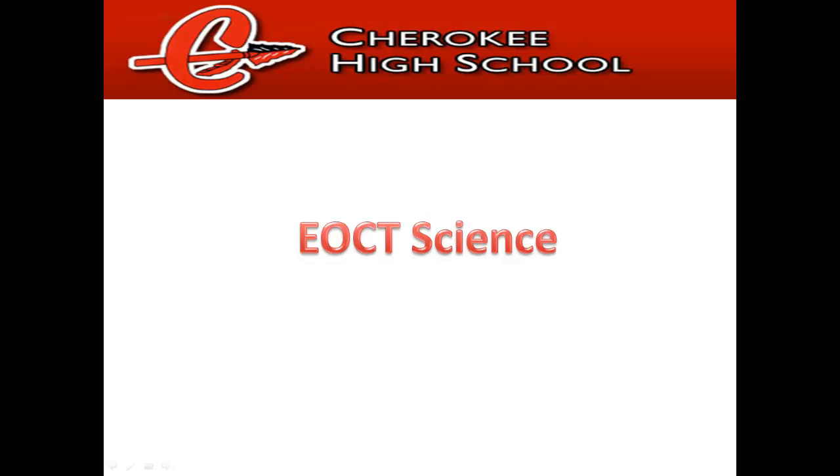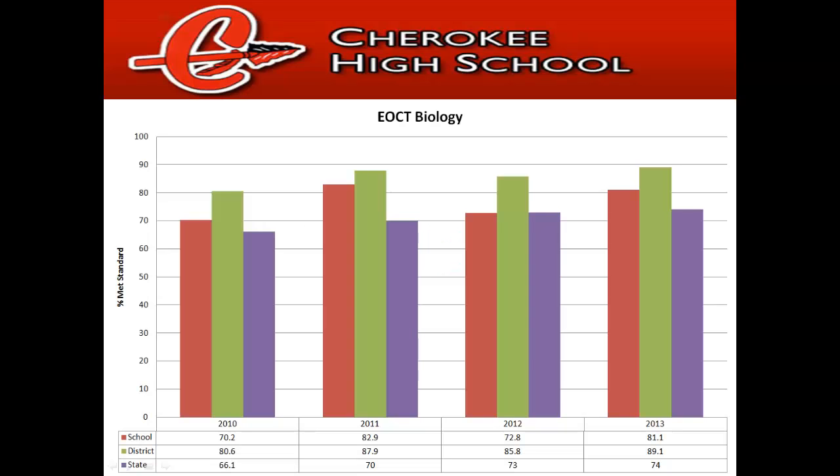The EOCT in science. For biology in 2010, Cherokee High School was 70.2, and by 2013 had seen an increase of 11 percentage points to 81.1. The district started in 2010 at 80.6 and saw a 9% gain by 2013.